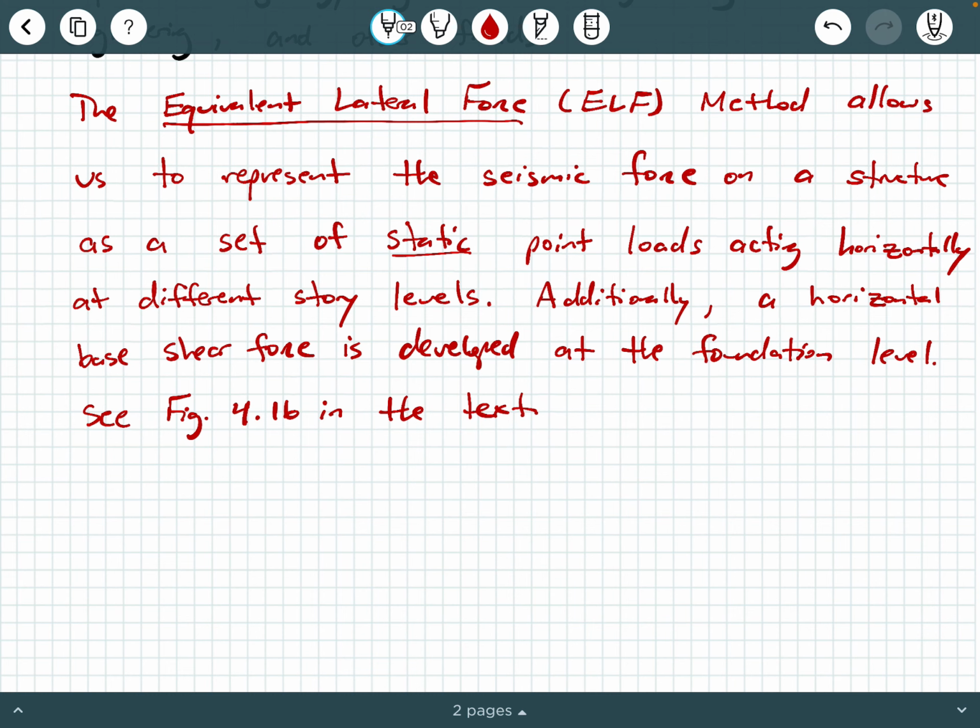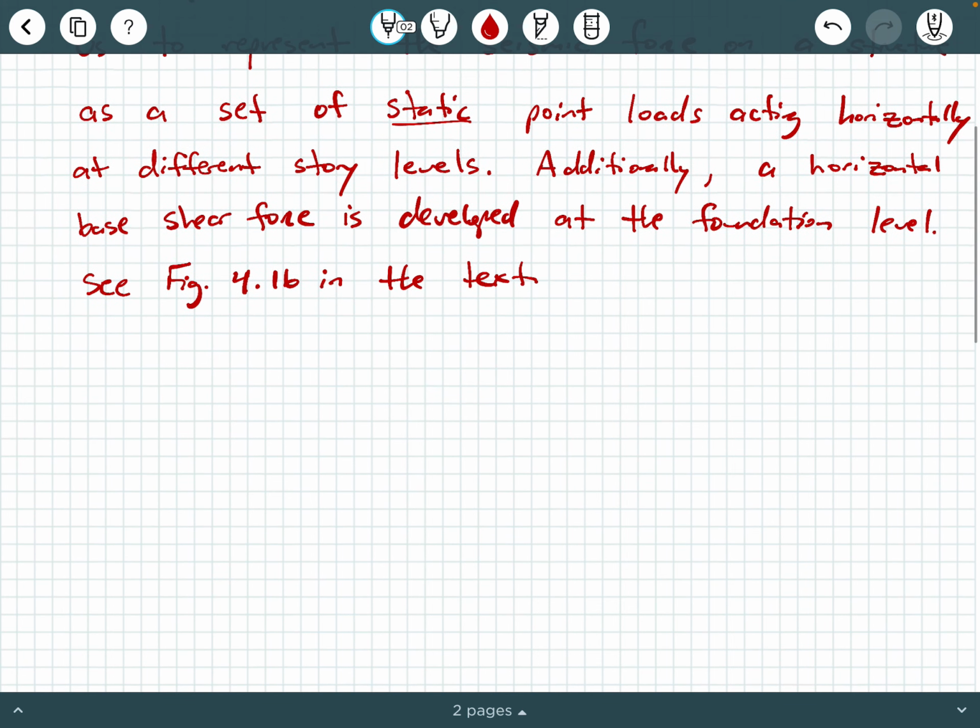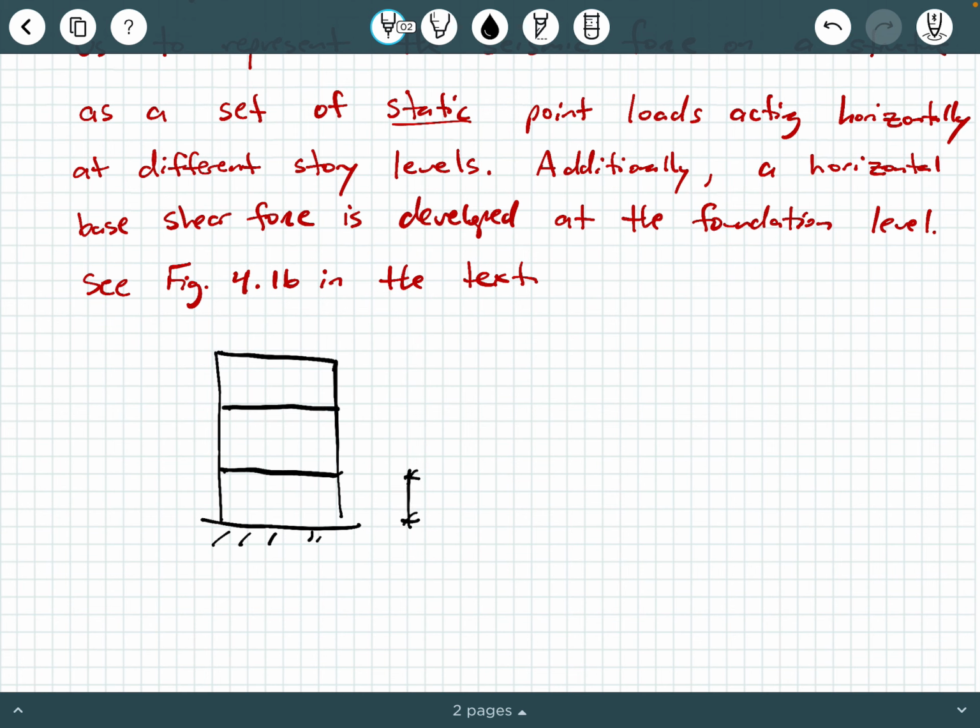Okay, so basically, let's say we have a structure. I'm just going to make it a building structure like this. Let's say we have some different heights here, and we'll call this height H1, the height of this next level is H2, and the height of this top level is H3.